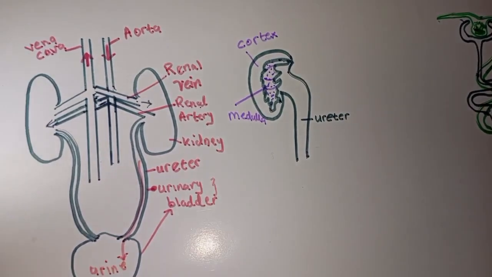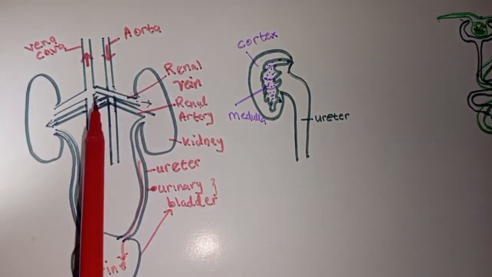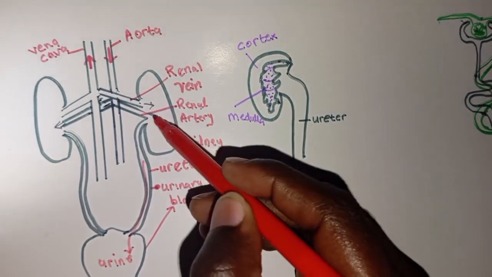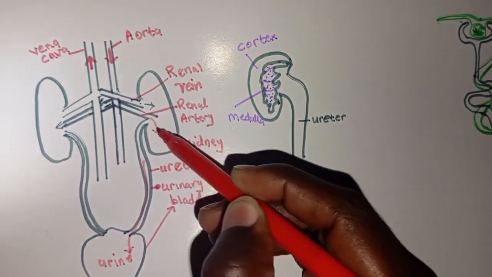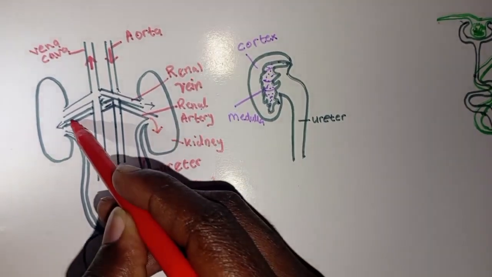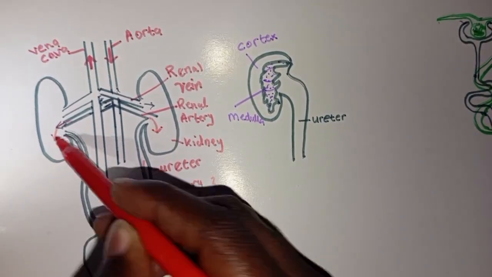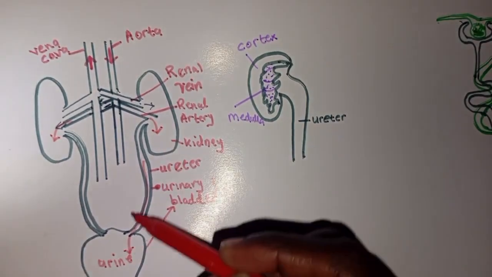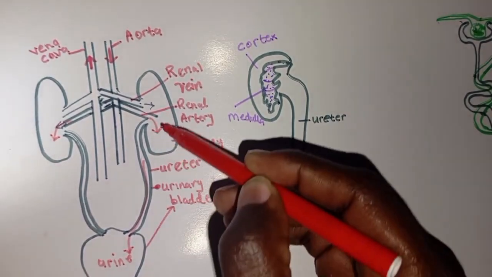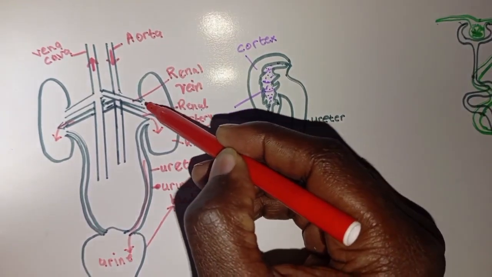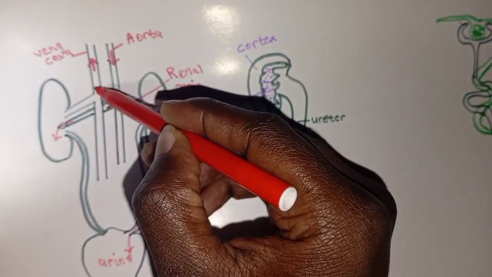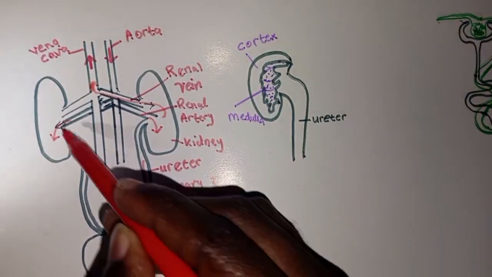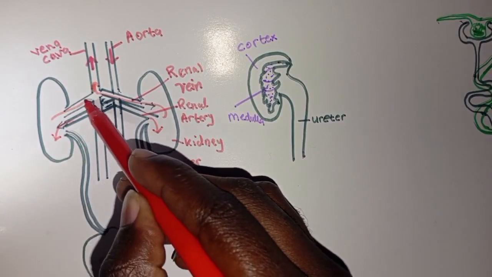From the aorta, you have the renal artery, which brings in the blood. The same thing here, this will be the renal artery. And then after the process is finished, blood will go back through the vena cava, using the renal vein.